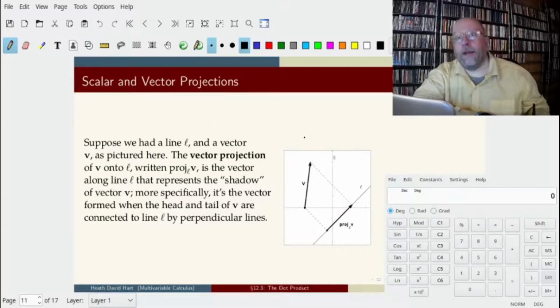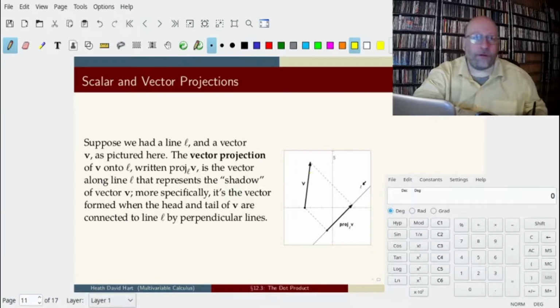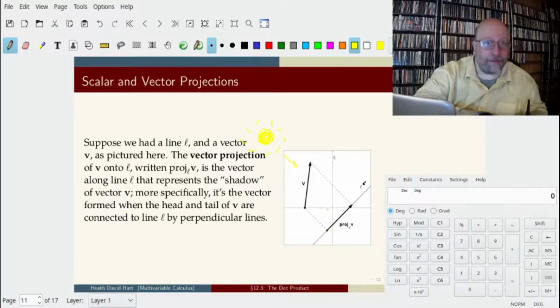Suppose that we had a line L. This is L, but it's a little hard to see, it's this line right here. And we have a vector V. And imagine that we also have some sort of bright energy source that is directly over V and casts a shadow.